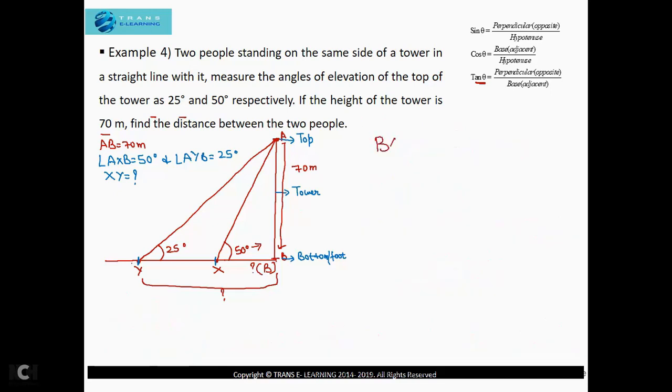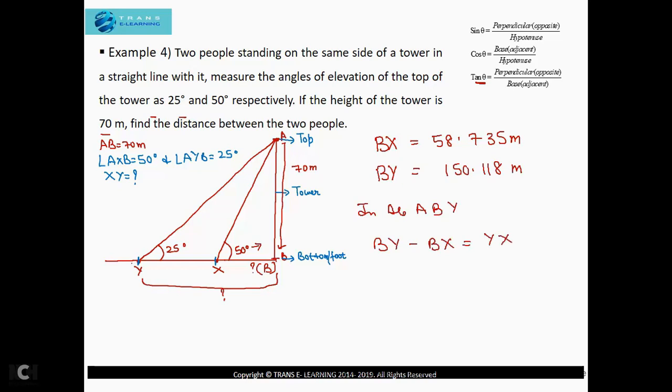Now the value of BX is equal to 58.735 meters, and the value of BY is equal to 150.118 meters. So now in triangle ABY, BY minus BX will give you YX or XY.